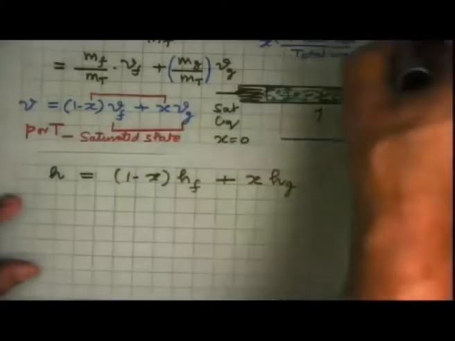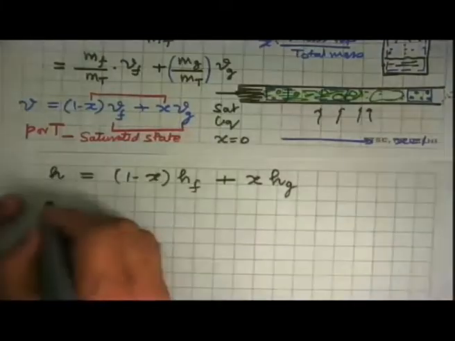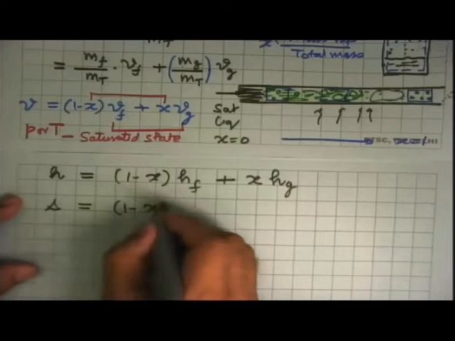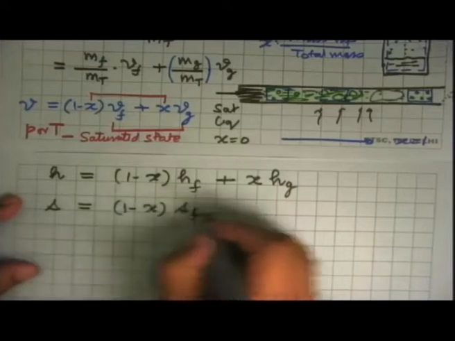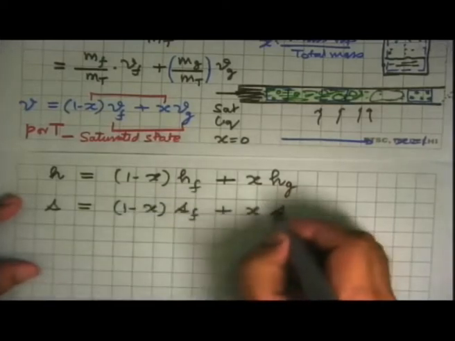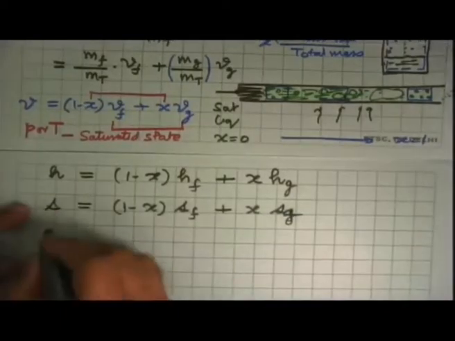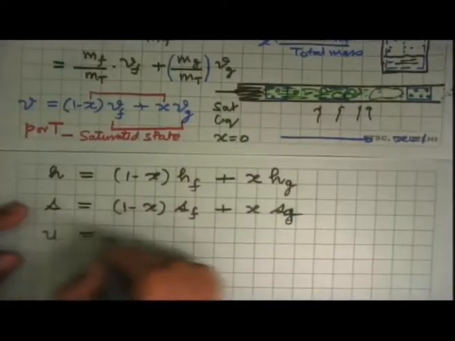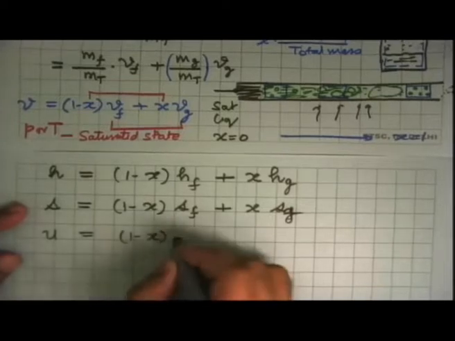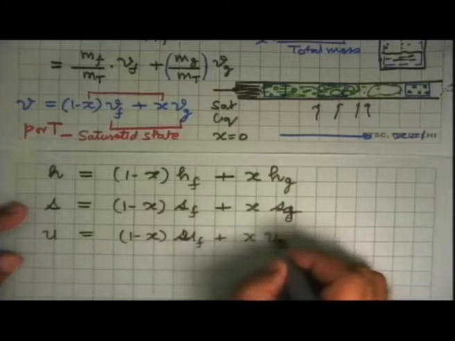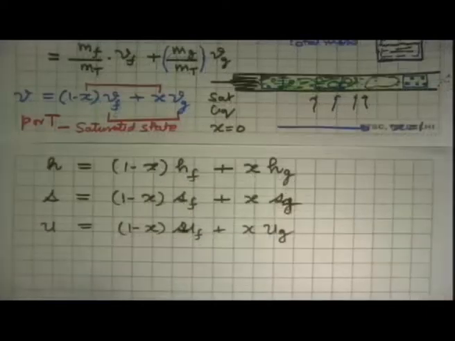And if we ask what the specific entropy of this system is, then s is equal to (1 minus x) sf plus x sg. And the same thing we can use for u: u is equal to (1 minus x) uf plus x ug. So how do we get values of uf and ug?